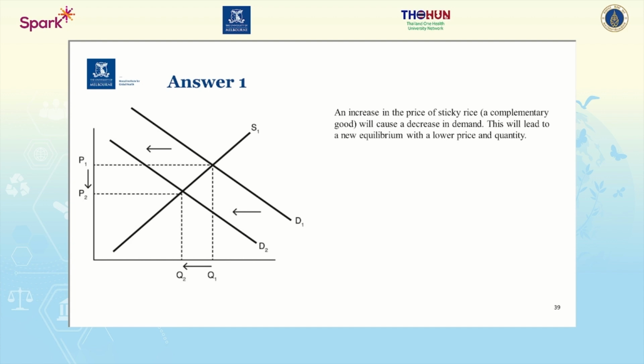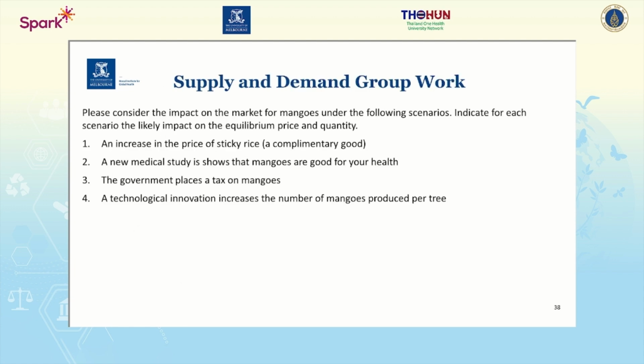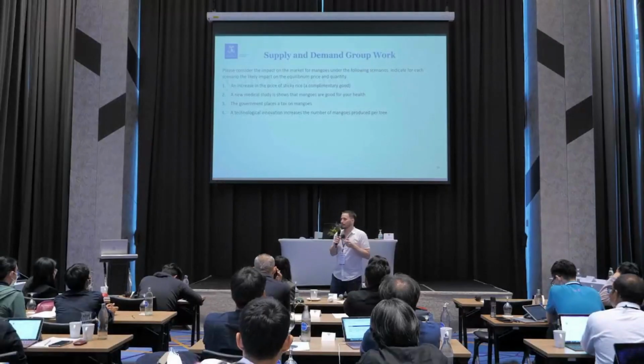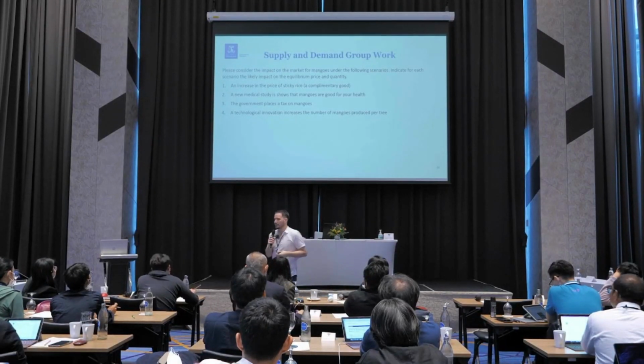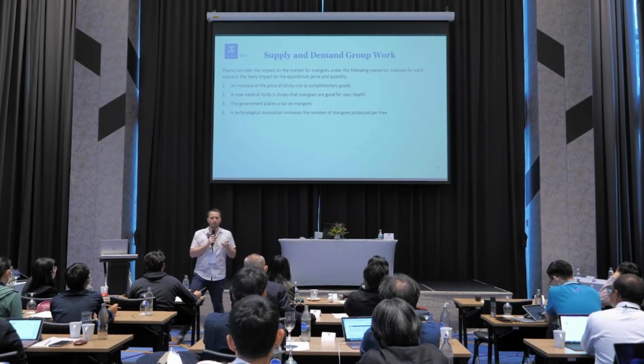So the second one, a new medical study shows that mangoes are good for your health. So is this going to be an impact? What do we do first? Which curve is it? Is it demand or supply? Demand, yeah. So it's consumer preferences. We have this new information which changes our preferences.